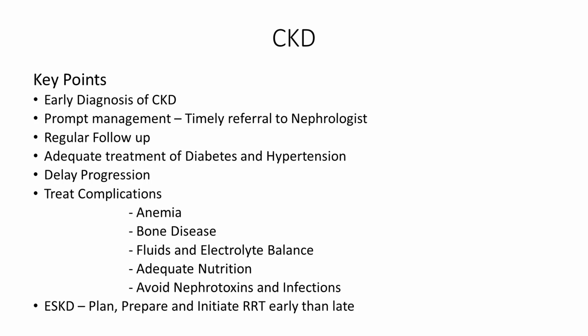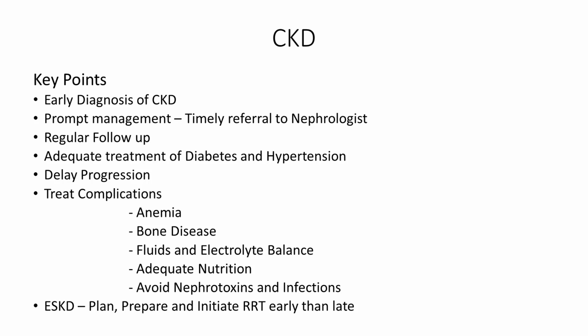Our aim should be to delay progression and treat complications like anemia, bone disease, fluid electrolyte balance, adequate nutrition, and avoidance of nephrotoxins and infections. These measures, to some extent, help in delaying the progression of chronic kidney disease, say from stage 3 to stage 4, or from stage 4 to stage 5.